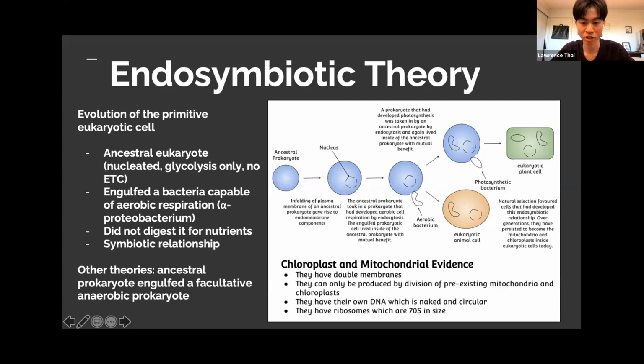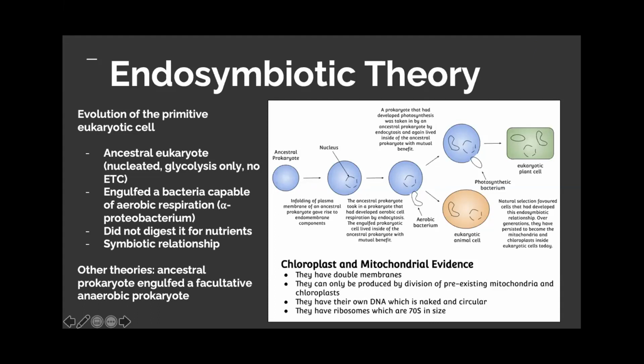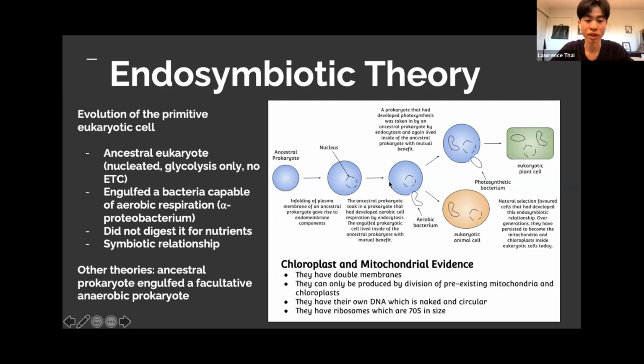For the bacteria, the one that got engulfed, it was able to survive. It was kept alive and well protected from its surroundings. It was also in this new environment inside the ancestral prokaryote or eukaryote, so there was no competition, and it could still replicate freely, pass on its genes and evolve.